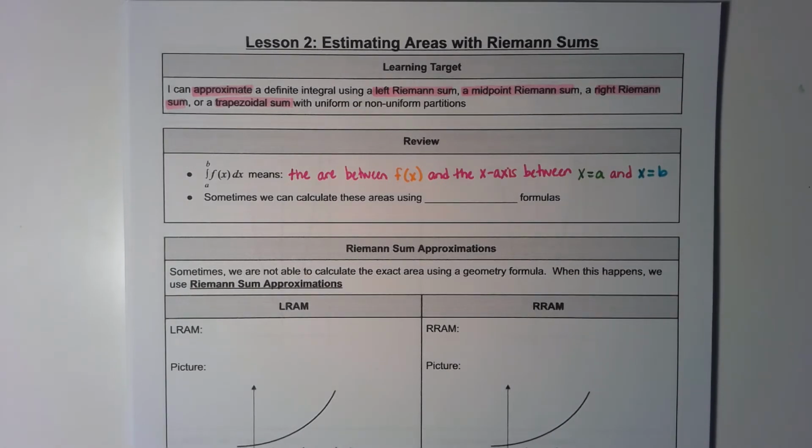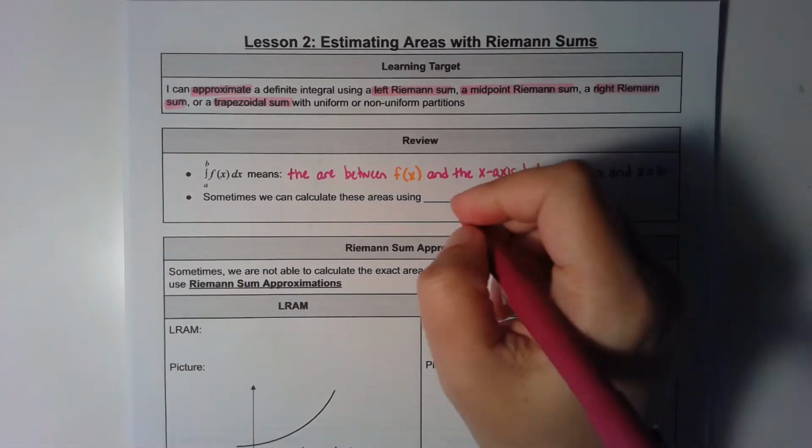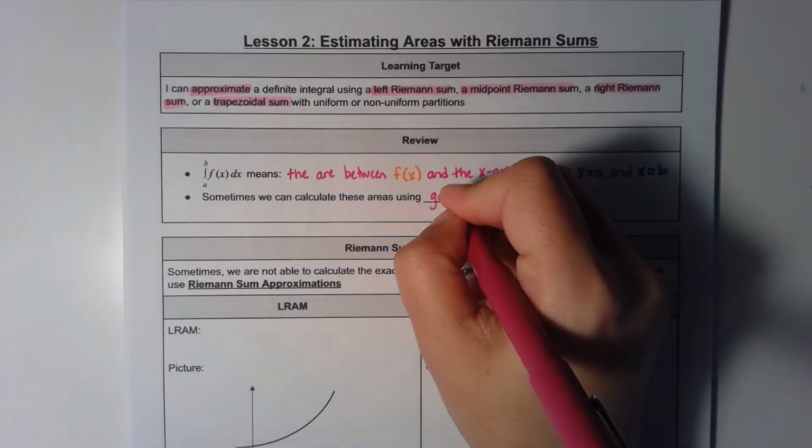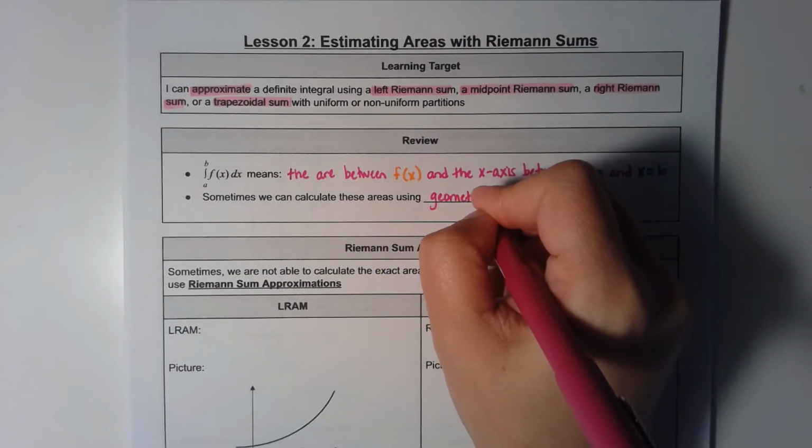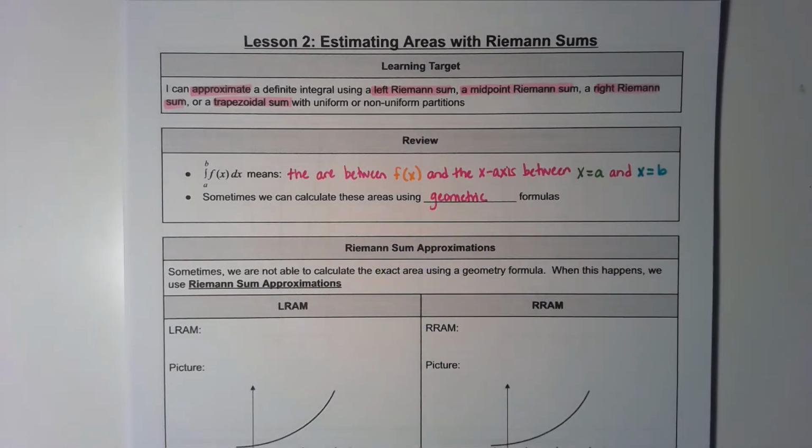So the a and the b and the f of x are telling me which area I'm looking for. Sometimes we can calculate those areas using geometric formulas, which is what we practiced in our previous lesson. We could use the formula for the area of a triangle or a rectangle or a semicircle to find these area values for a function.